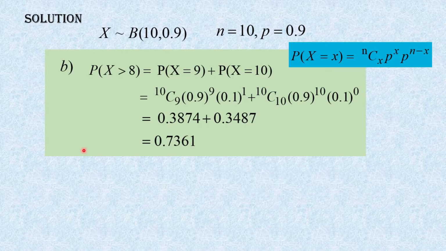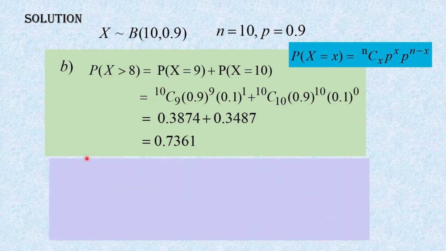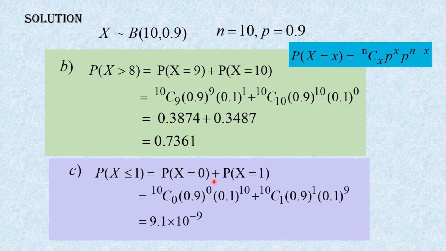Okay, now we continue with C. Find the probability X less than or equal to 1. That is equal to probability X equals 0 plus probability X equals 1. Don't forget to include 0 here. We will use the same values for n and p, that is n equals 10, p equals 0.9.